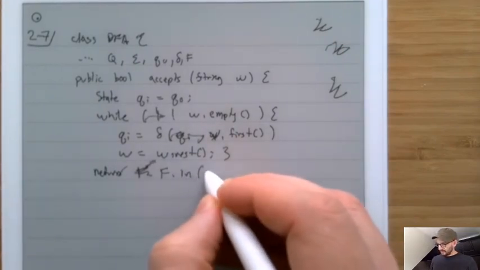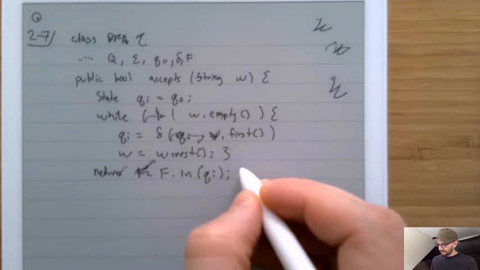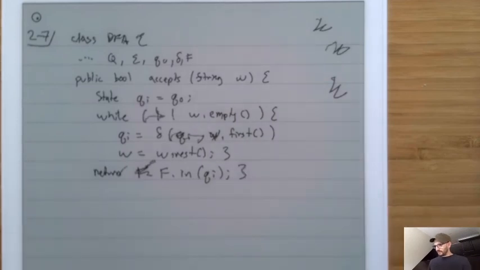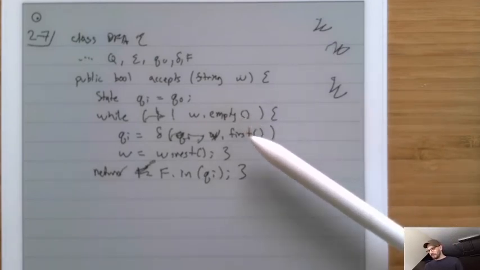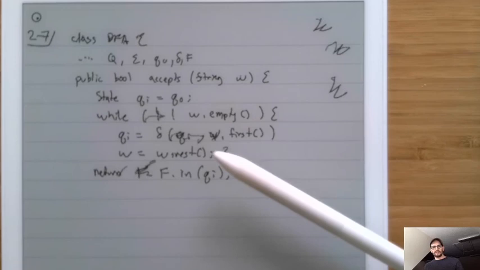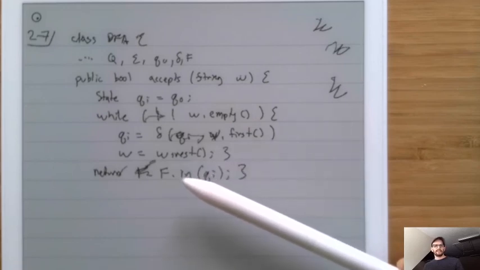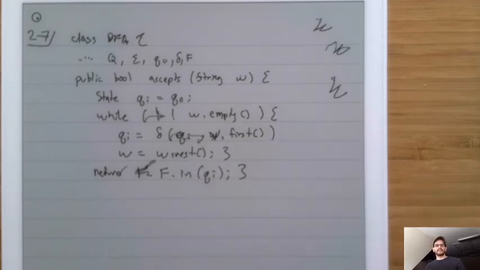dot contains Qi. And so here what we're doing is defining an interface for strings where we can see if they're empty, pull off their first thing, pull off their rest. We'll have an interface for sets like F where you can see if something's inside of it, like if you use lists, it can work this way.